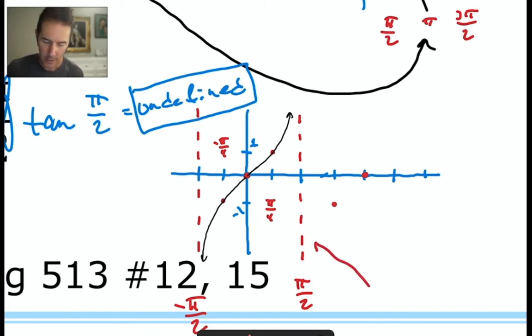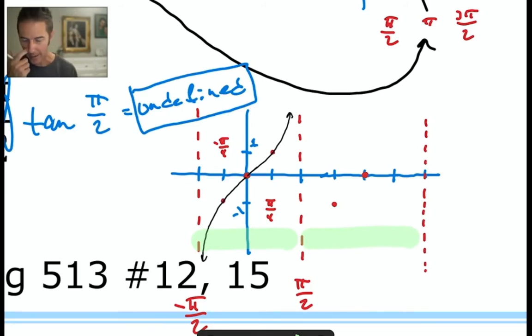So this right-hand vertical asymptote, I'm going to copy and paste it to the right, a distance of pi. So pi over 2 plus pi is 3 pi over 2, which lands us here. So again, this distance is pi, this distance is pi.